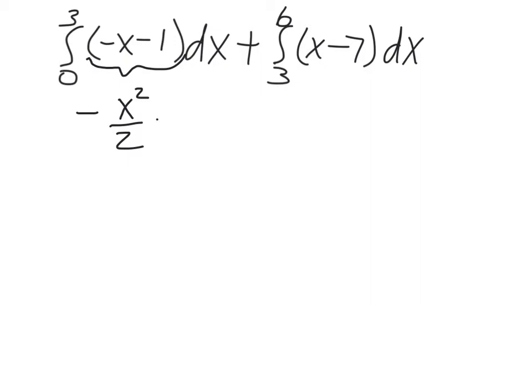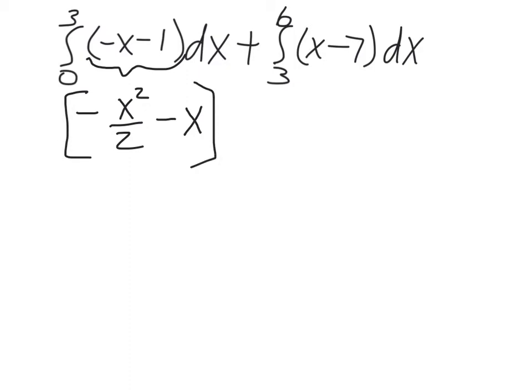Antiderivative of minus 1, just minus x. And again, to quickly check this, take the derivative of what we have here, and we should end up with negative x minus 1. Hopefully we can do that quick enough.